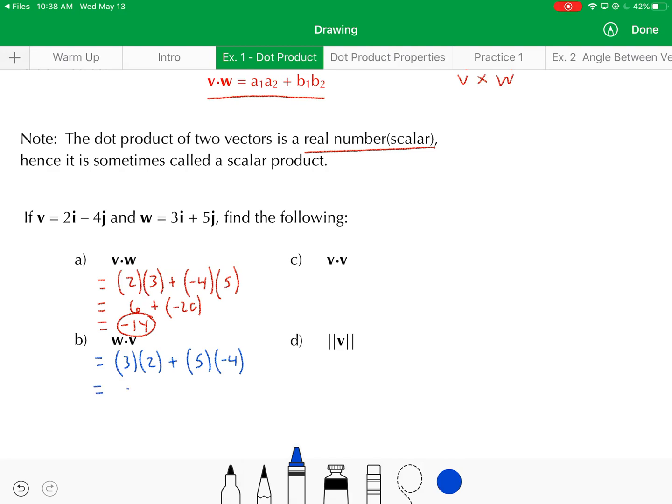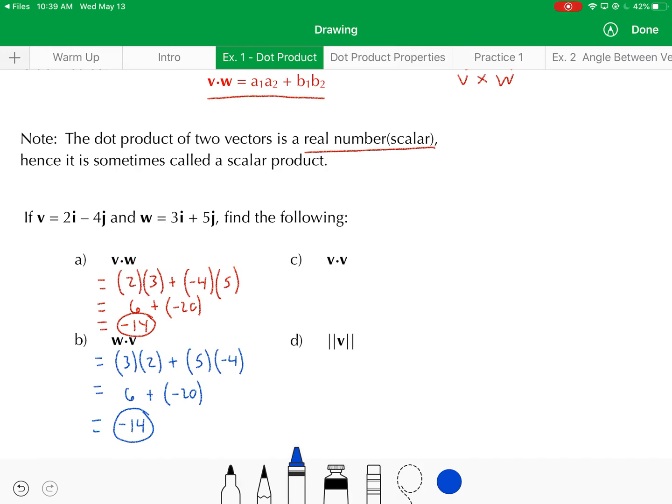That's going to lead to the same thing though, right? All right, so this shows us that the dot product between two vectors is commutative. And that should make sense because this formula utilizes both scalar multiplication and scalar addition, which are both commutative operations for real numbers, okay?